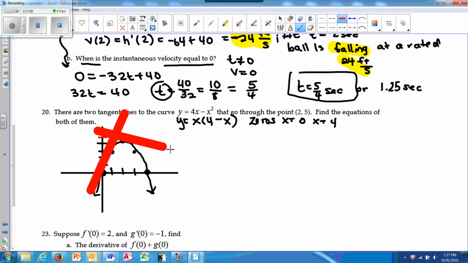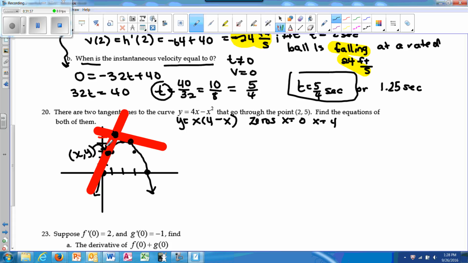And I can plot points. If x were 2, I would get 8 minus 4, which is 4. If x were 1, I would get 4 minus 1, which is 3. Similarly, if I have x is 3, I get 12 minus 9, which is also 3. And I can plot a sketch of my upside down parabola.